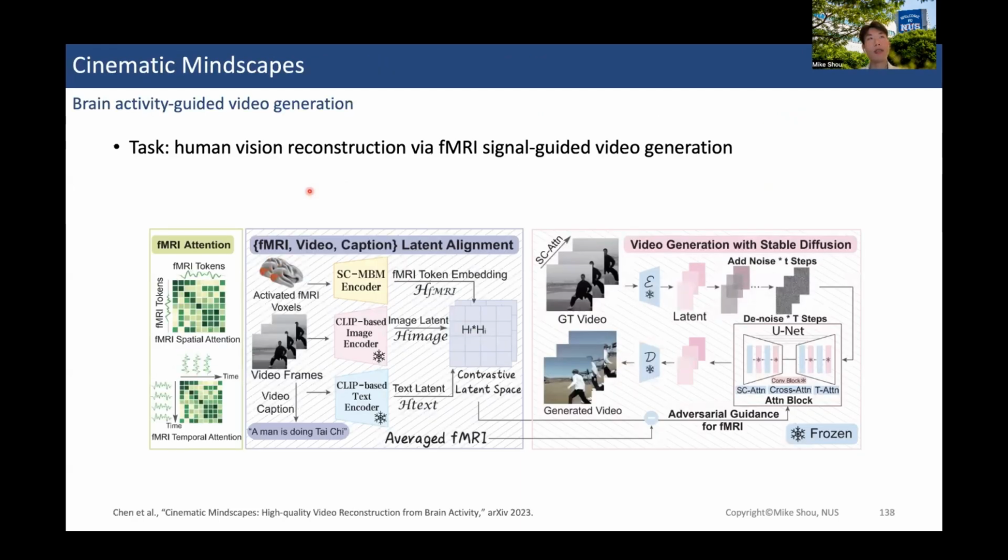Another very interesting work actually uses the brain MRI signal as the condition. In this work, they let people watch a video and record their brain reactions, the MRI signal, and then use this signal as the condition to generate the video, to reconstruct the video seen by the person.